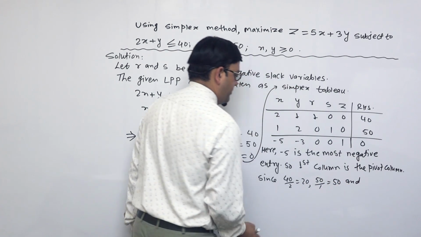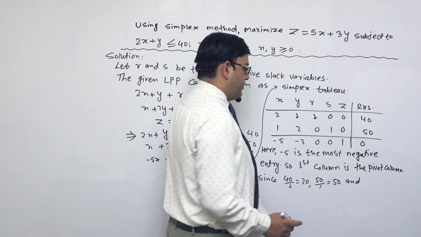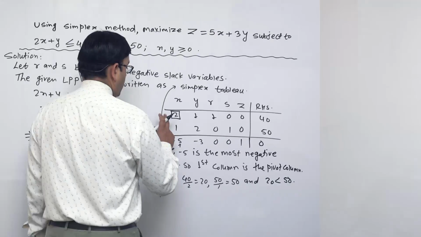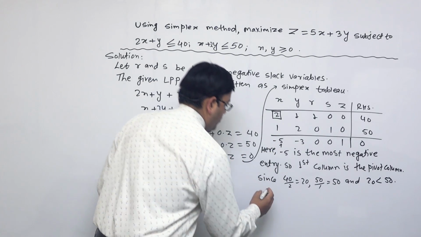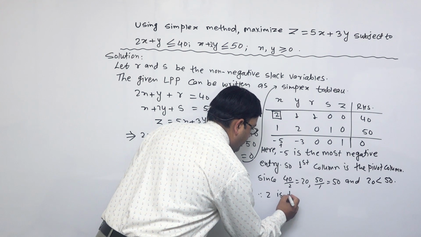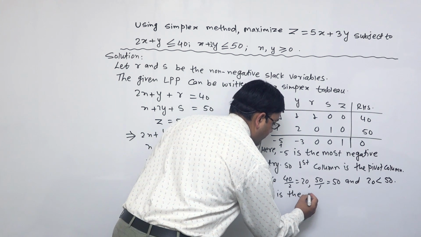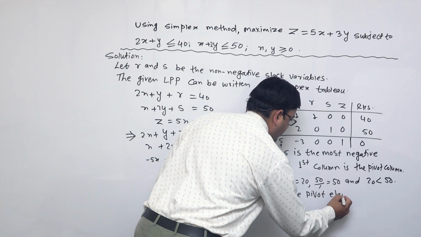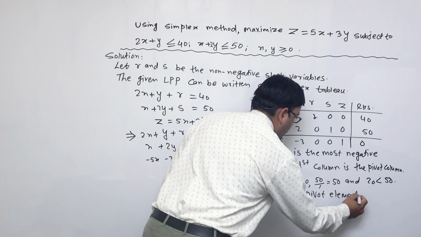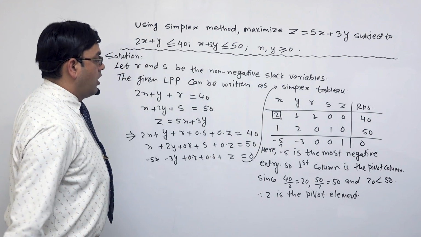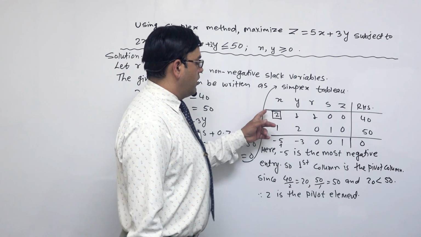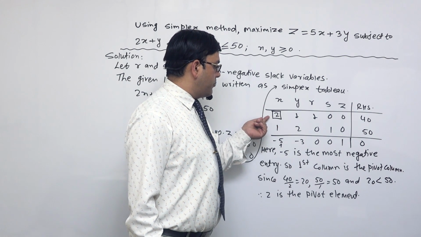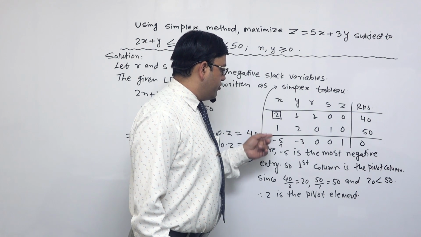And what did we get? 20 is less than 50. Therefore, 2 is the pivot element. Now we have to make this pivot element 1, and the remaining ones must become 0.